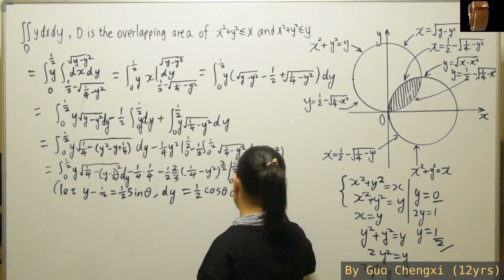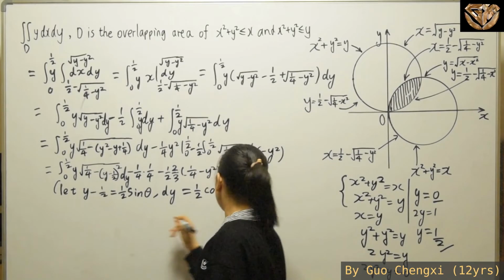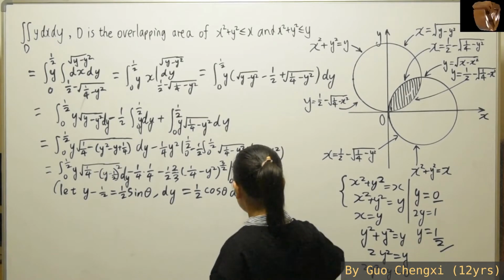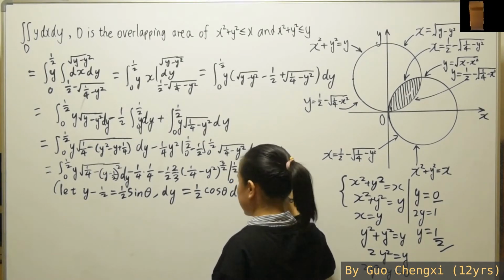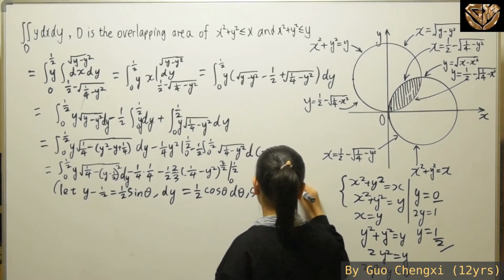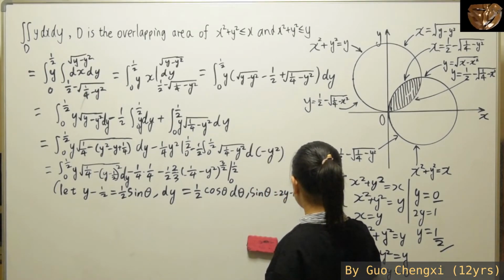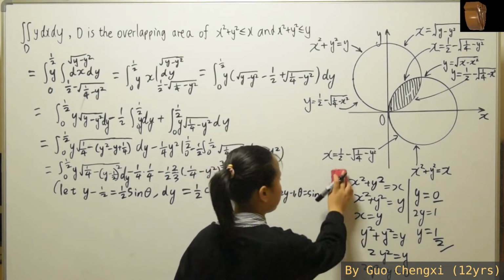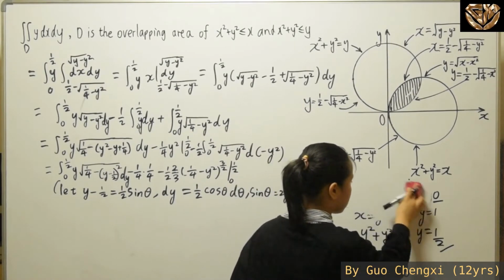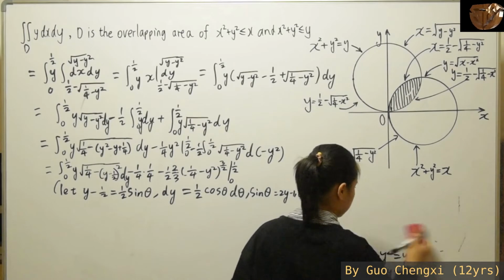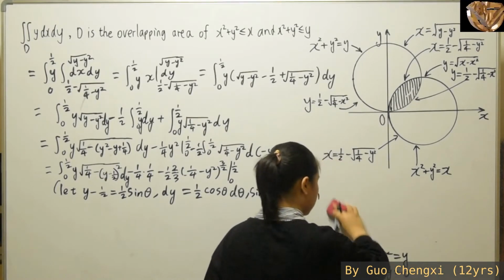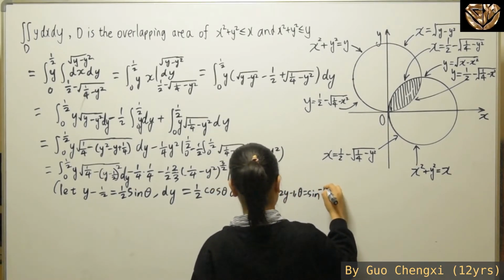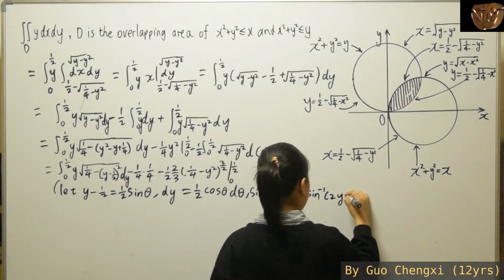Then for this part, what else are we going to have here? What is theta's boundary? In order to know that, we also need theta, so apparently sine theta is equal to 2y minus 1. So theta will be equal to inverse sine 2y minus 1.